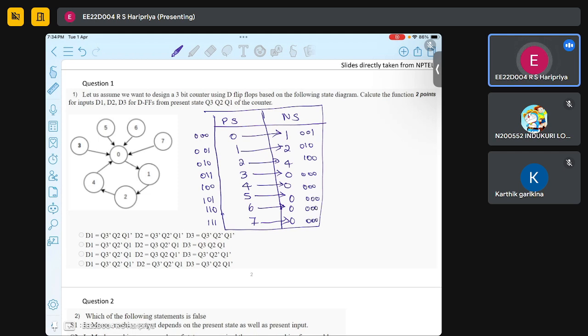So I think here Verilog came up because this gives, say we have Q1 like D inputs D3, D2, D1. It is Q3.